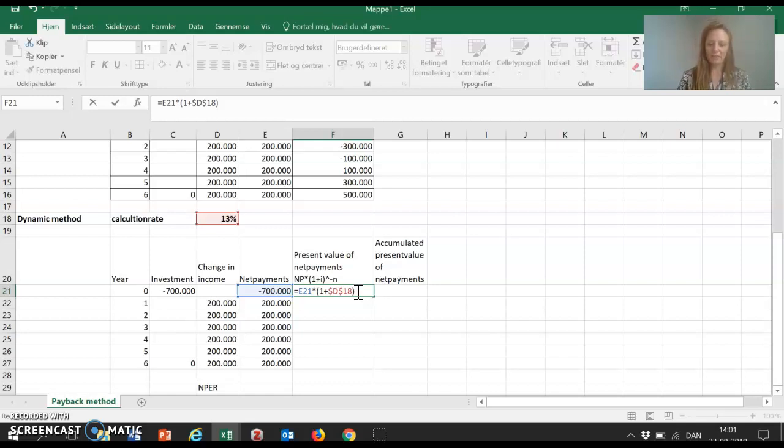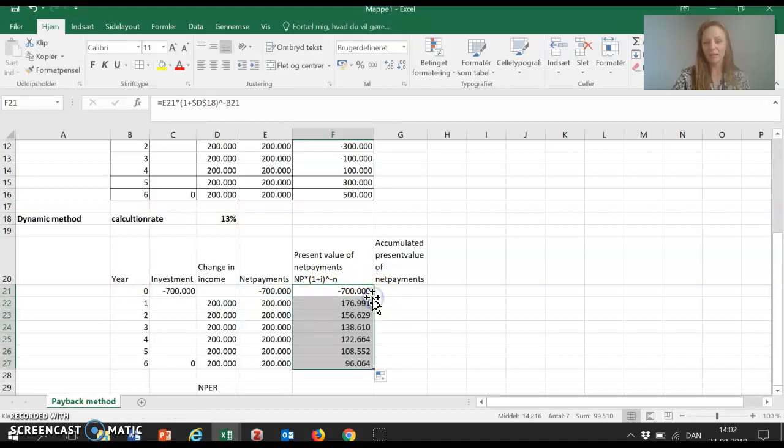And then uplift it in minus n. Remember, I want to take it back in time, so therefore we need a little minus in front, and then of course the year n. Now when we uplift something in 0, the number is going to be 1. So 1 multiplied by minus 700,000 is still going to be minus 700,000. So here's the formula. And now I am simply just copying the formula down forward.